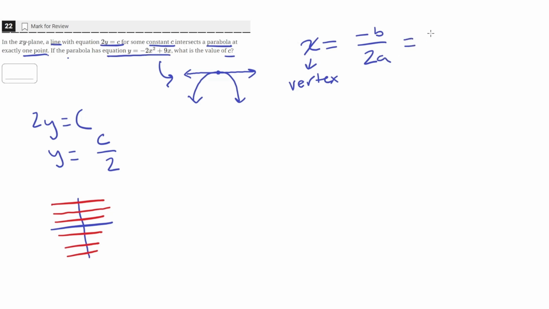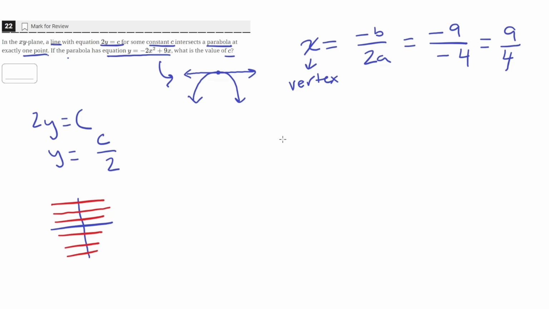So in this case it's negative 9 over 2 times negative 2, which is negative 9 over negative 4, which we can simplify to 9 over 4. Okay, so this is the x value of the vertex, which is the point where they intersect.